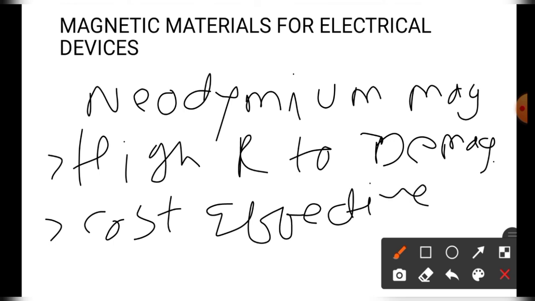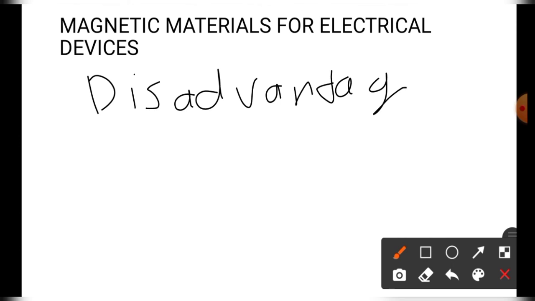Disadvantage of the neodymium magnet is that magnetism starts to decrease and is permanently lost at 80 degrees Celsius.